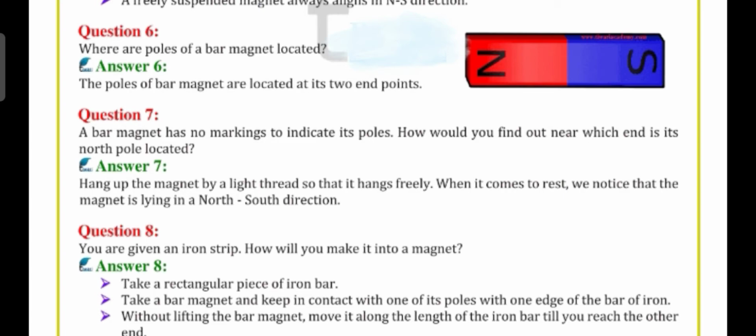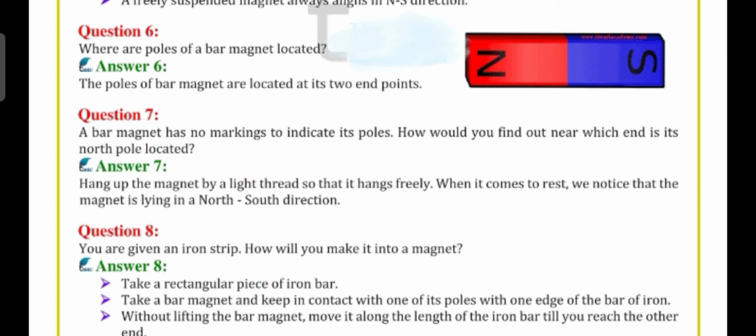We hang the magnet on a thread. We hang the magnet on a light thread and let it hang freely for a few seconds. When it comes to rest, what will be the direction? It will be in the north-south direction. So, by identifying the direction, we can find out the north pole and south pole.